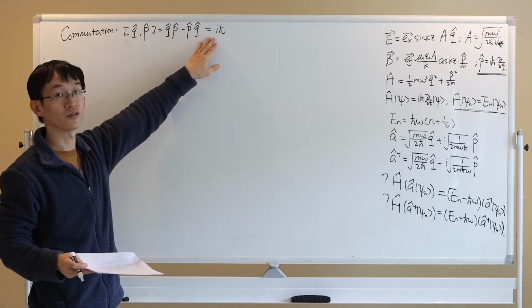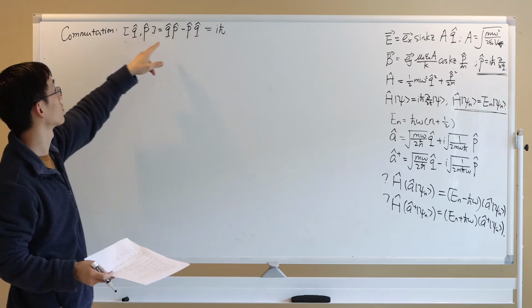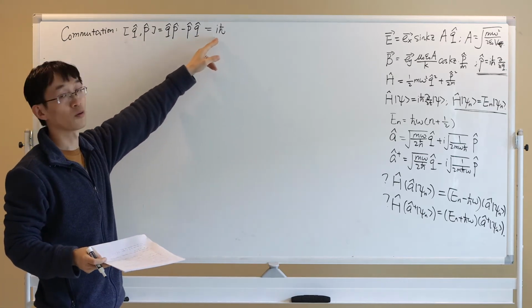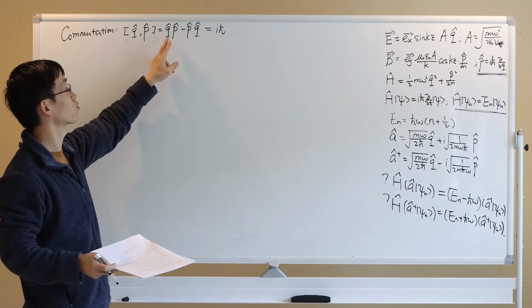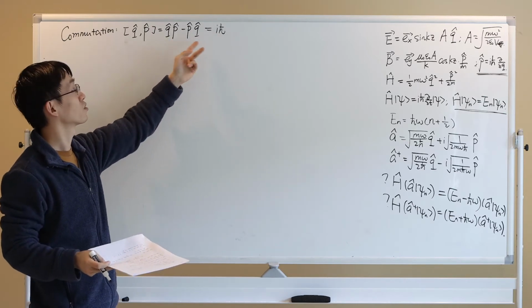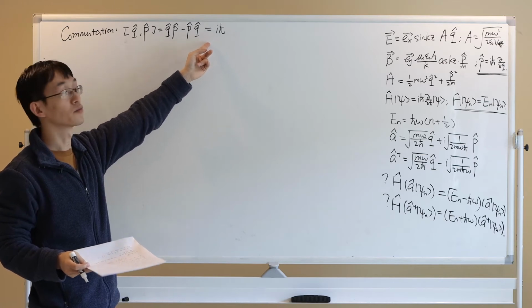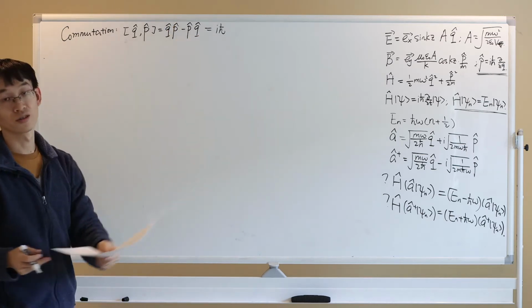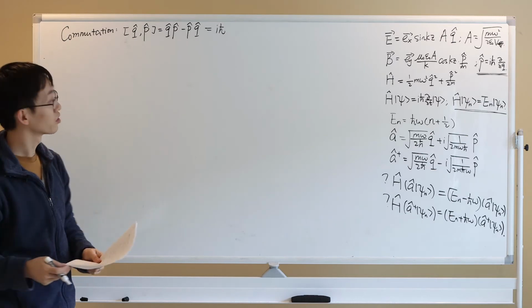This is very different from classical physics, because in classical physics, no matter what you have, a variable or a number, when you switch them they are always equal to each other and you end up with 0. But in quantum mechanics, this is not 0, and this actually leads to the Heisenberg uncertainty principle.